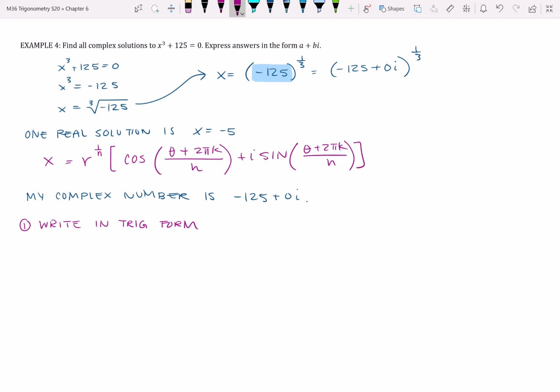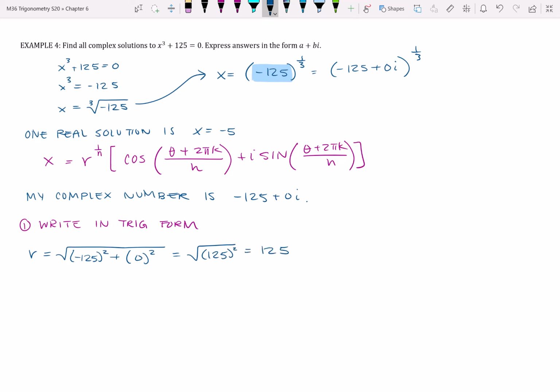So in trig form, r, or the modulus, is equal to the square root of the real part, negative 125, squared, plus my imaginary part, which is 0 squared. And so I get the square root of 125 squared, which is just going to be 125.